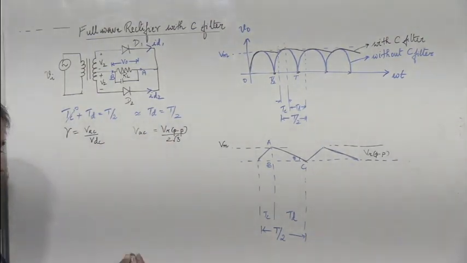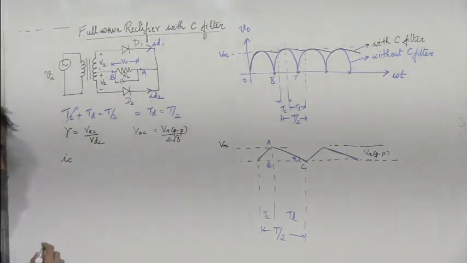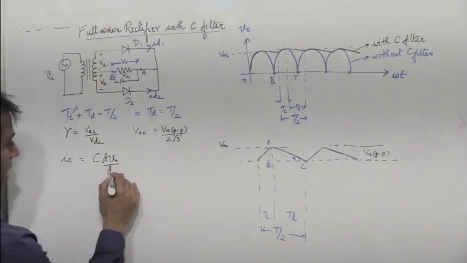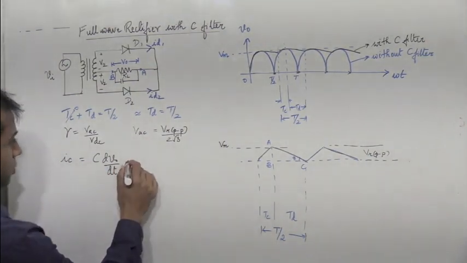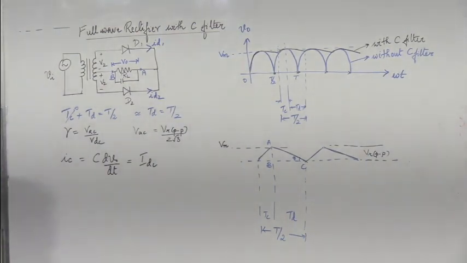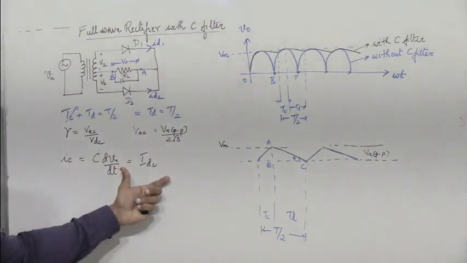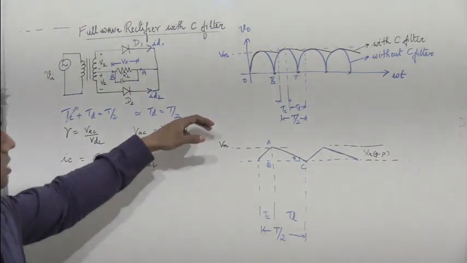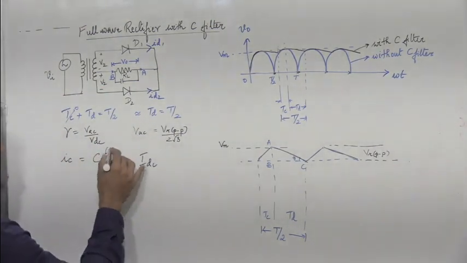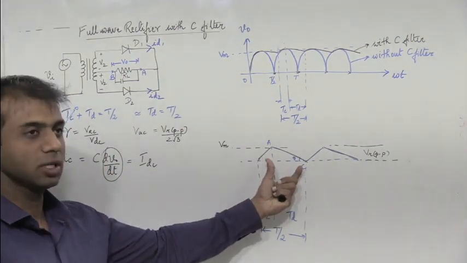So now the current flow through the capacitor is nothing but C dV0 by dt, which is nothing but the DC current, right? So now what is dV0? dV0 is the variation of the output voltage with respect to time.